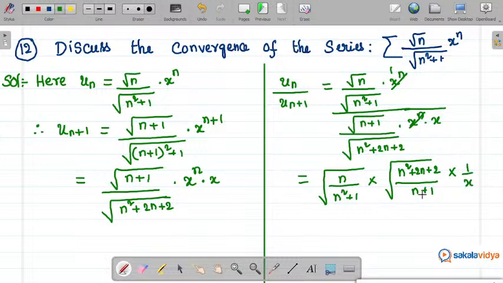Root a into root b, root of ab you can write. This is equal to root of, otherwise you can do one thing, we can write root of n into n square plus 2n plus 2 into n square plus 1 into n plus 1.